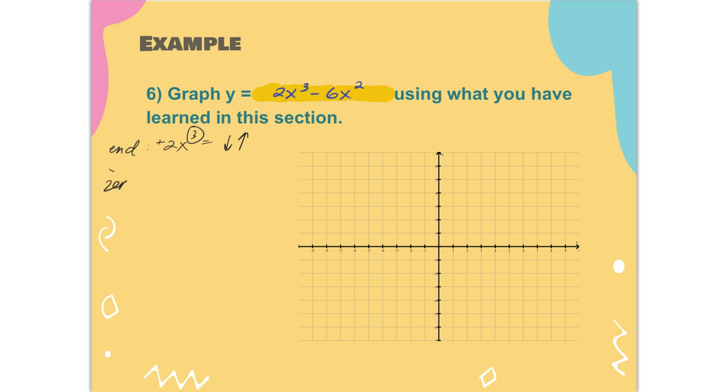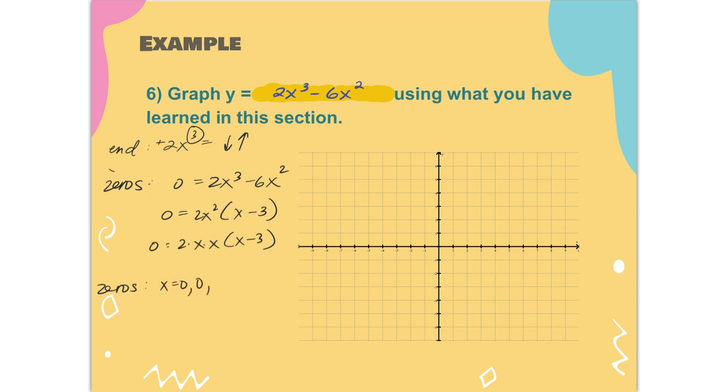Okay. Our zeros, again, you're going to set it equal to 0, and you're going to factor out your GCF, which in this case is 2x squared, which is going to leave us with x minus 3. This can be expanded out to x times x times x minus 3. So again, when I'm doing my zeros, I notice that it's x equals 0, 0.